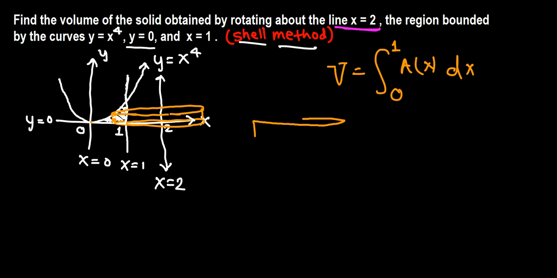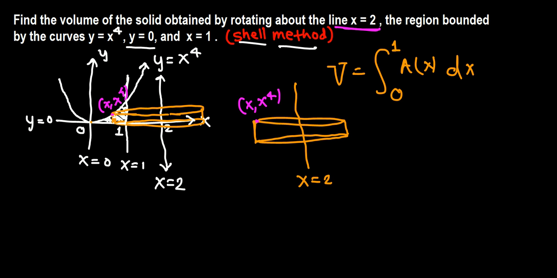So we have a shell of the cylinder, and the axis of rotation is x equals 2. This is any generic point on the curve, x comma y. y is given by x to the fourth, so this point is in fact x to the fourth.